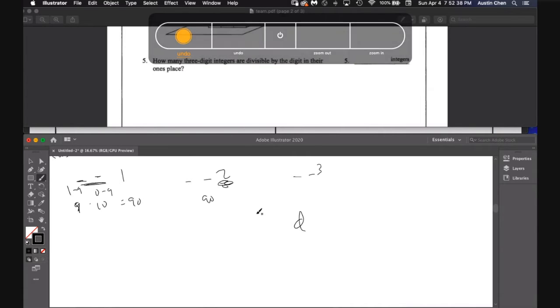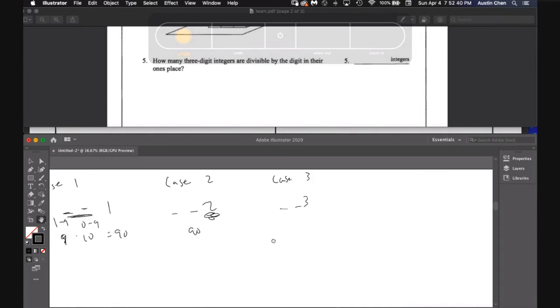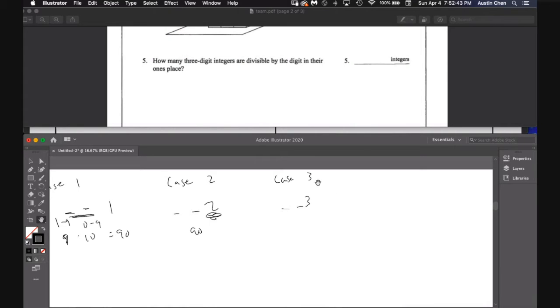So then actually for every case of this, you can just think of how many 2-digit integers are divisible by our digit D. But you still have to do casework pretty much.